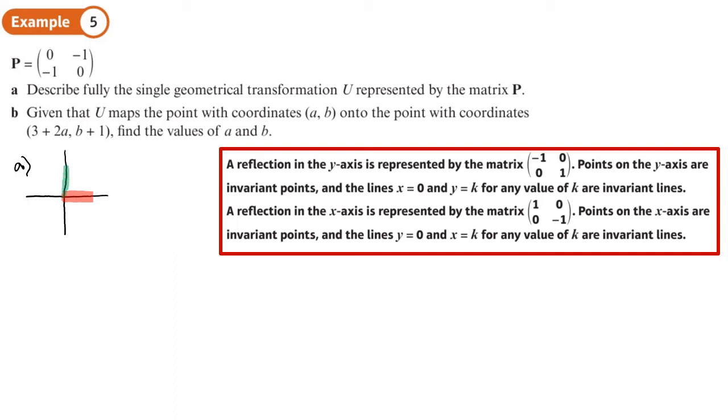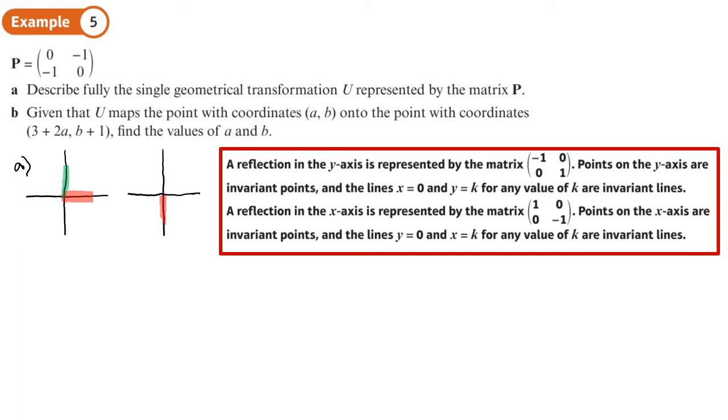Right, so these are the original points. And now what's happening? So the first column is going to be where the red one goes, and that ends up at 0, -1. So 0 across 1 down. So that means that the red arrow ends up here.